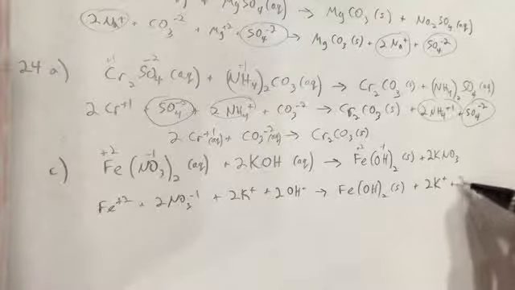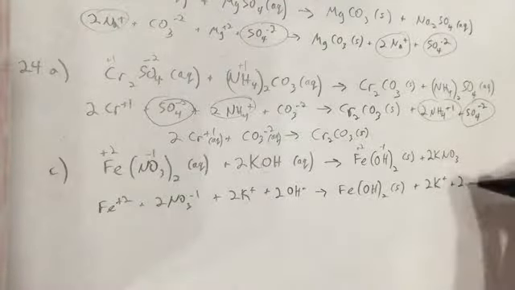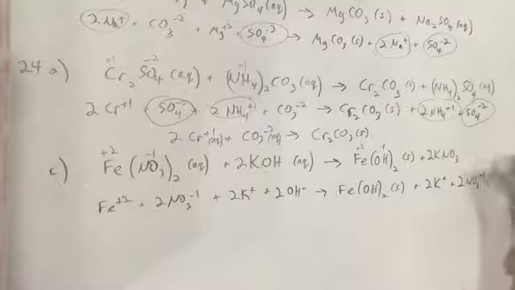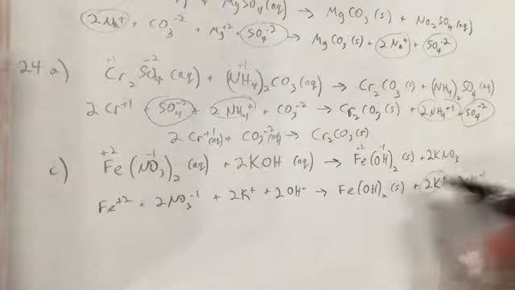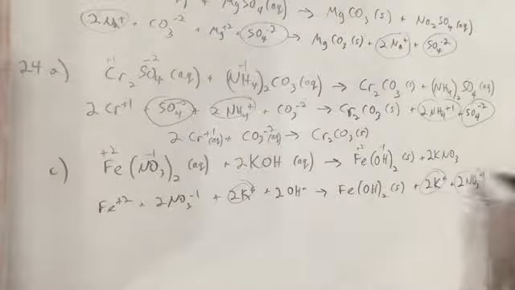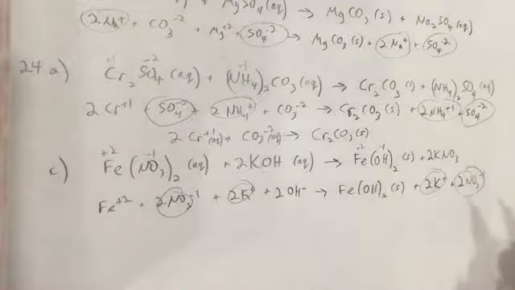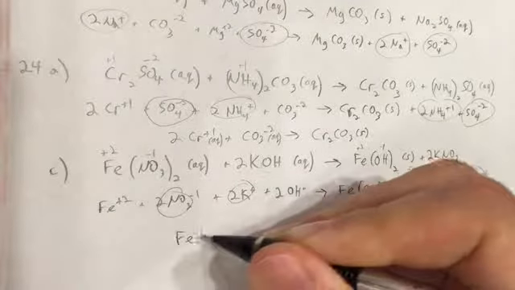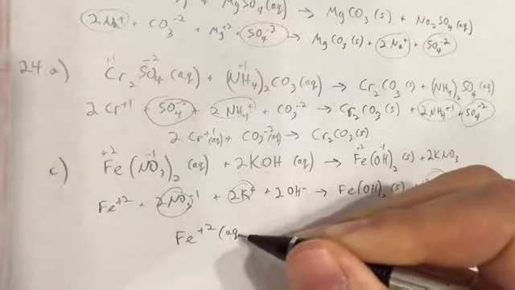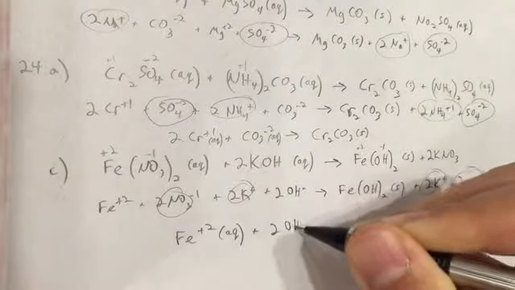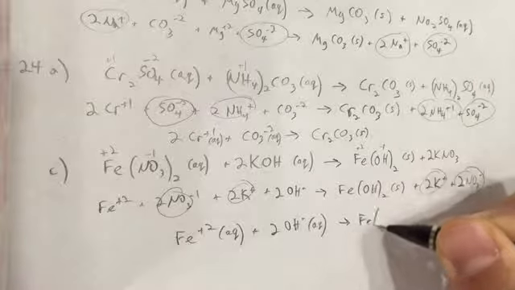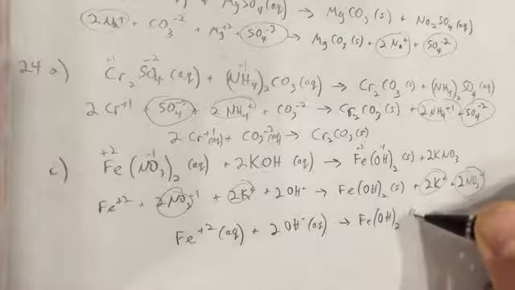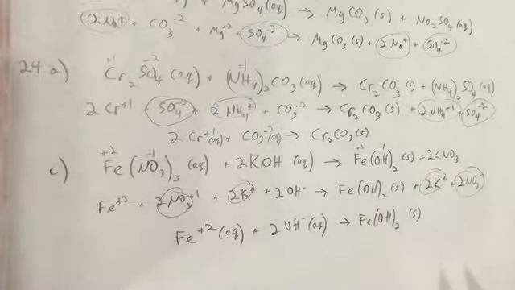Two Ks there and 2 NO3s. Spectators. K is the same on both sides, and nitrates are the same on both sides. So the net ionic equation is that right there.